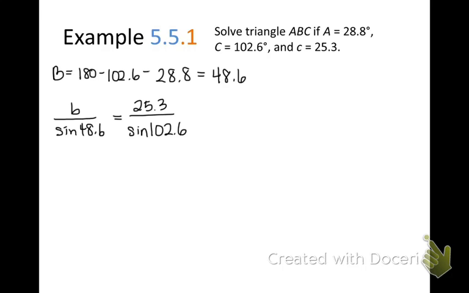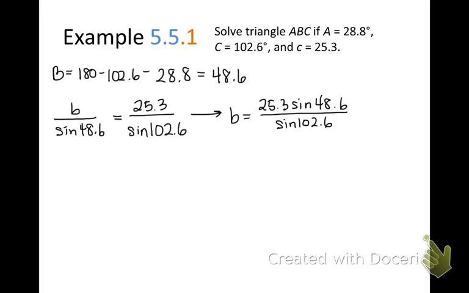So then to solve for little b, all that I have to do is multiply up by that sine of 48.6, right? So it will be b equals 25.3 times the sine of 48.6 divided by the sine of 102.6.